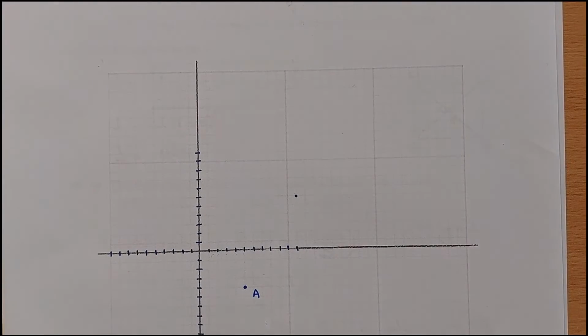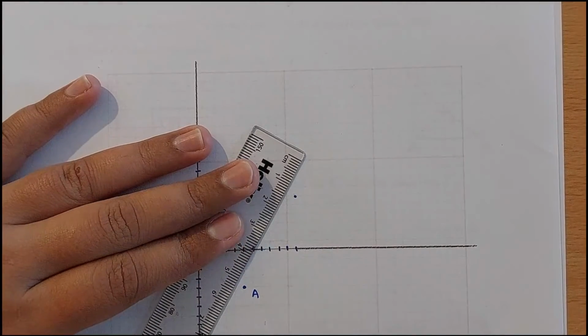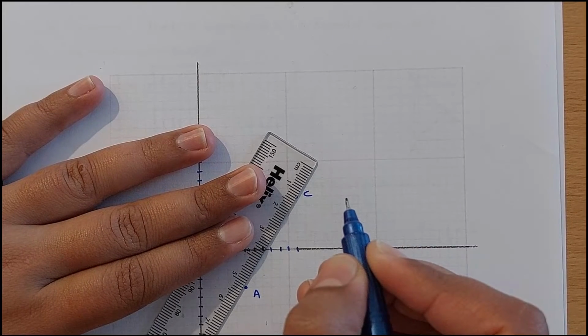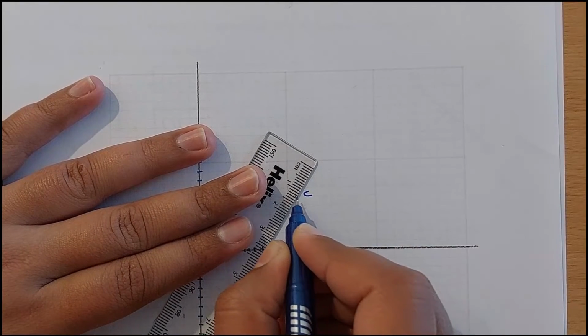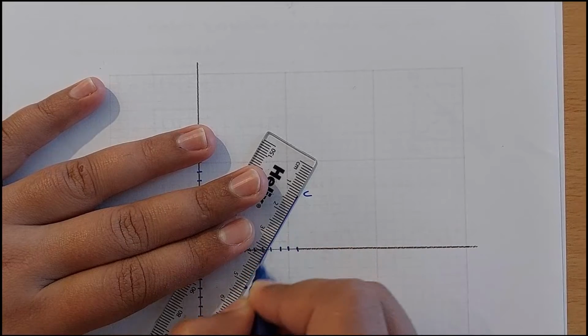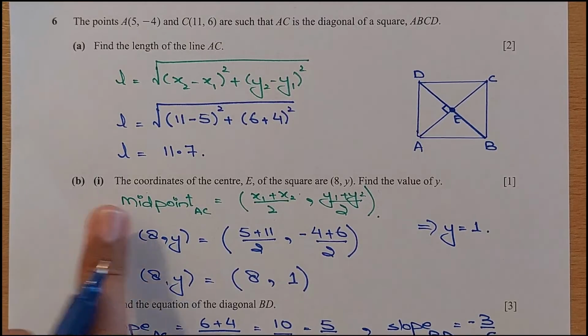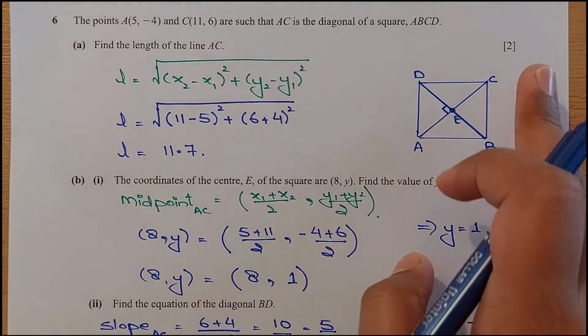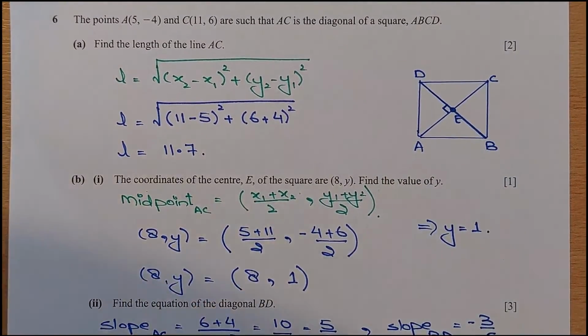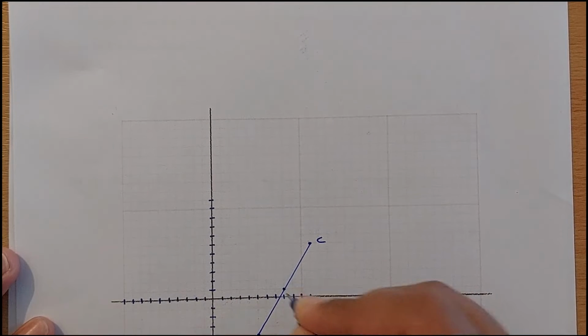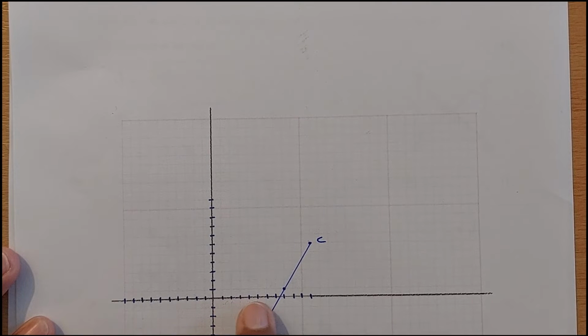Okay, let me connect these 2 points because these are the diagonal of the kite, right? And we have been given that the midpoint of AC is E, that is 8, 1. So as you can see, the midpoint is 8, 1. x is 8 and y is 1. 1, 2, 3, 4, 5, 6, 7, 8 and y is 1 at the top.